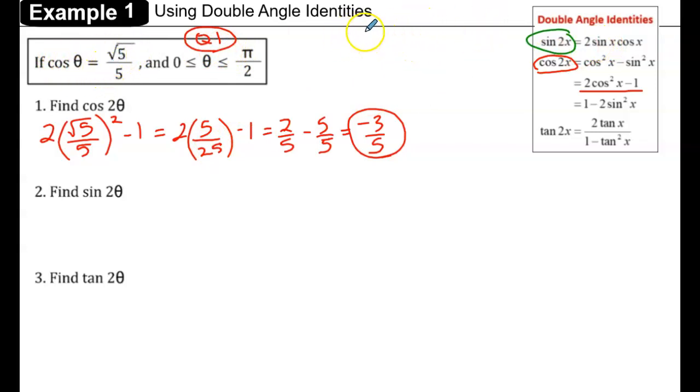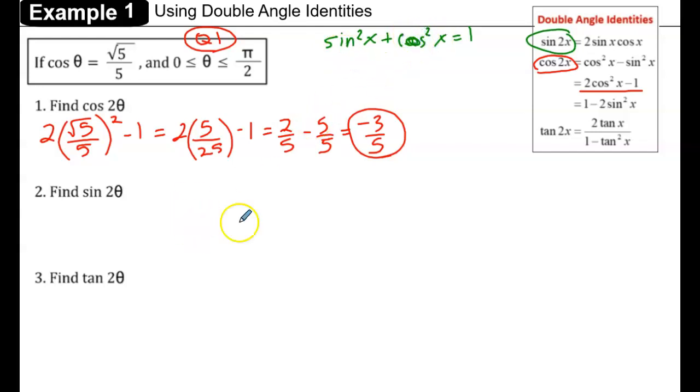And remember that Pythagorean identity from our fundamental trig identities is sine squared x plus cosine squared x is equal to 1. So since we need to find the value of sine, we're going to subtract cosine squared x from both sides, then we'll square root both sides to get sine by itself.